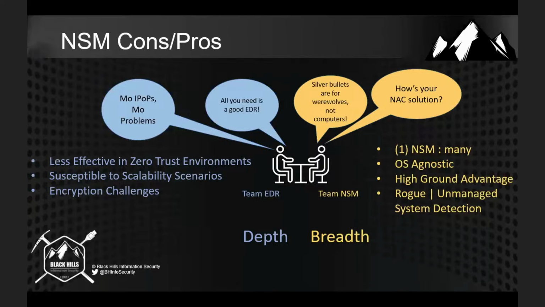Also environments that have lots of different points of presence to the internet. I'm going to talk about those choke points here in a little bit and where we can best position ourselves for network security monitoring. However, there are organizations that are very dispersed, not centralized, very decentralized from that perspective. They have satellite offices all around the country or the world, and they just feel like they don't need it, or they're just not positioned for it.